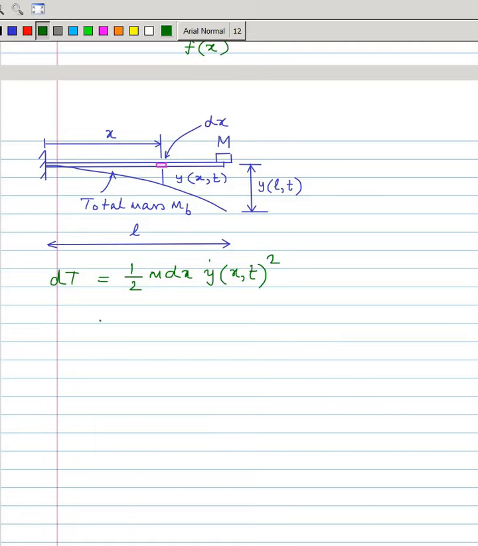Since y(x,t) is y(x) sine omega_n t, y dot (x,t) is this into omega_n cos omega_n t.